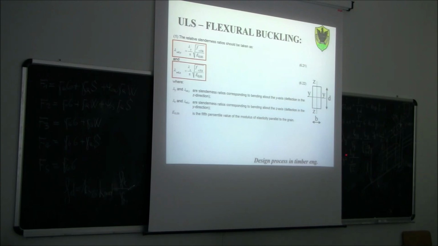Now, what is the value of L0y? For a structure like this, which value of L0y do I need to use when calculating the slenderness ratio? What do you think?